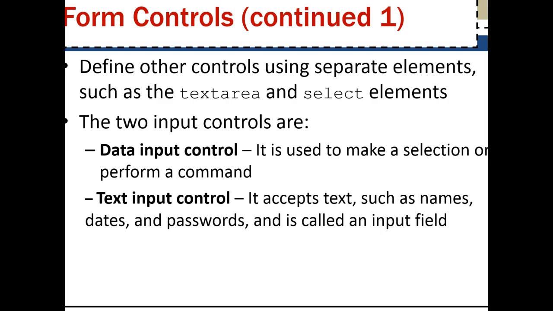When a web page visitor uses a data input control to make a selection or perform a command, a data input control can be maybe a radio button, a checkbox, or a submit button. The text input control accepts text such as name, date, and password, and is called an input field.